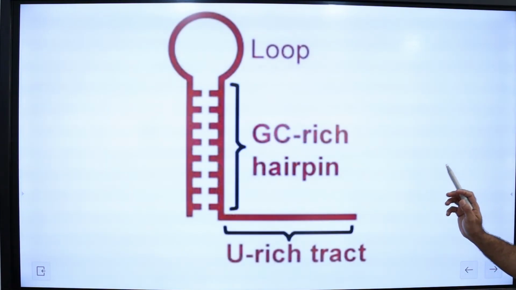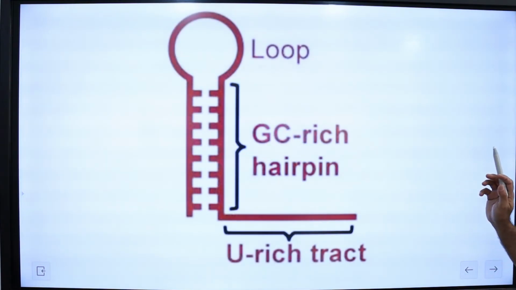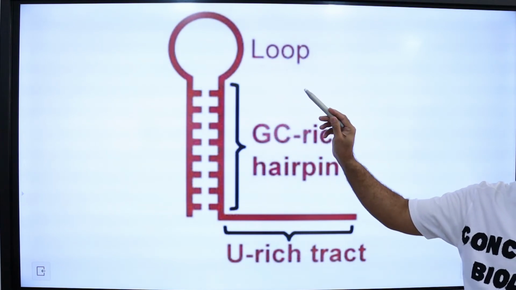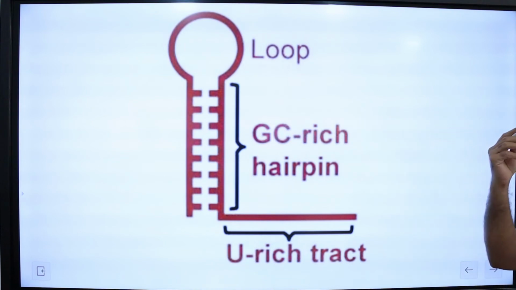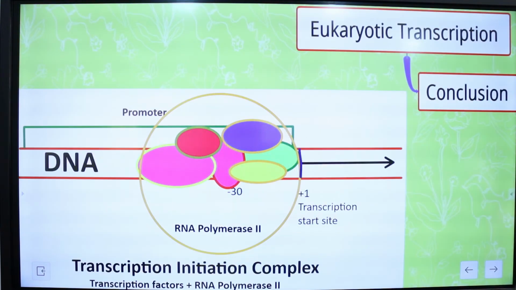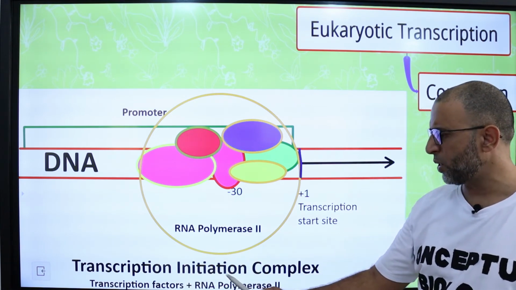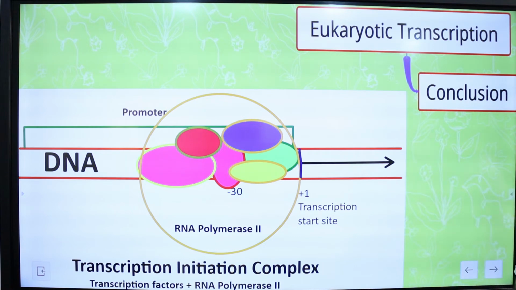The process of termination in RNA polymerase 3 involves a mRNA hairpin, similar to rho-independent termination of transcription in prokaryotes.